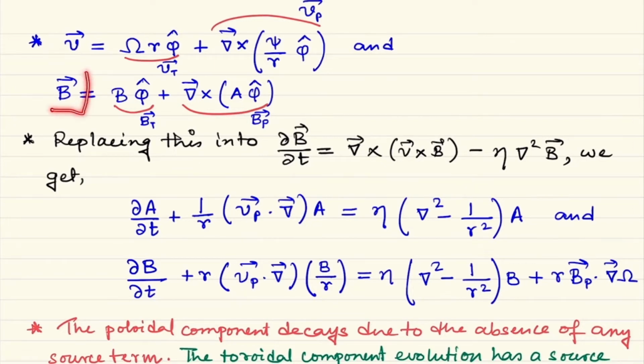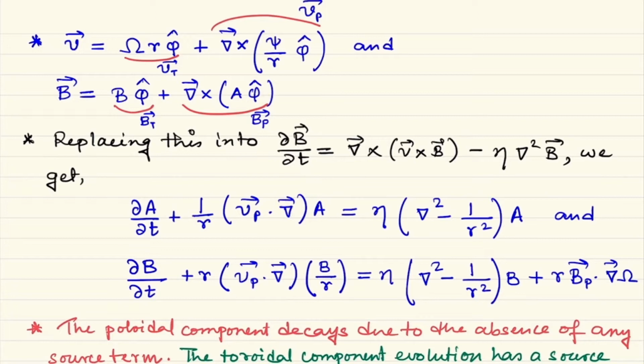And for B we can also use the so-called vector potential of B, which is A. Then we can write B equal to some B times phi cap, which is the toroidal component of B, and the poloidal component of B is given by curl of the vector potential magnitude times phi cap.